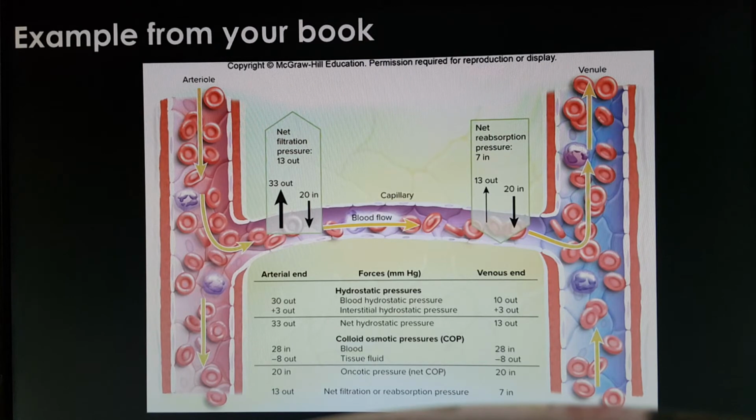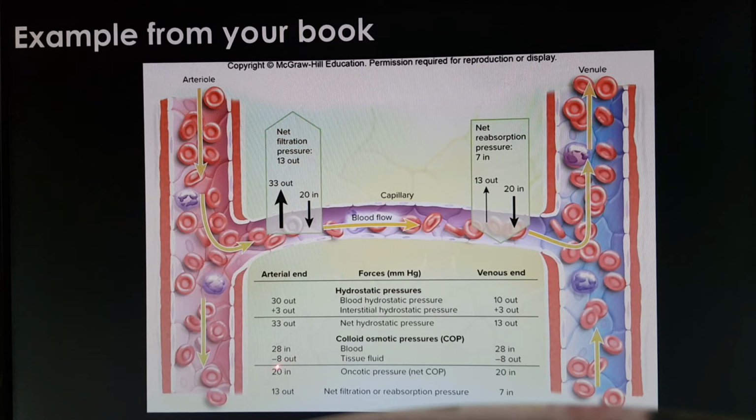So here's the example from your book showing you all the additions. We have hydrostatic pressures up top, and your colloid osmotic pressures down here at the bottom. For your net hydrostatic pressure, that's your 33 out at the arterial end, and then 13 out for your venous end.